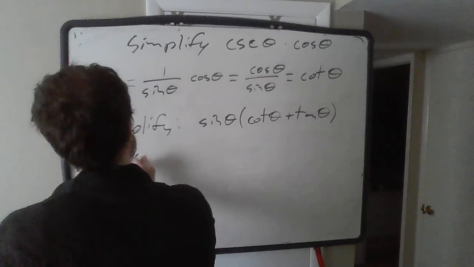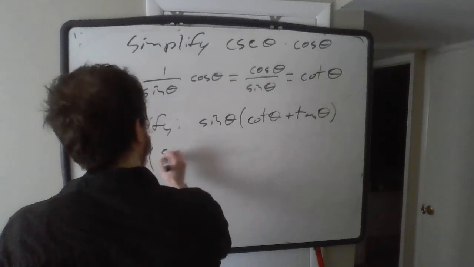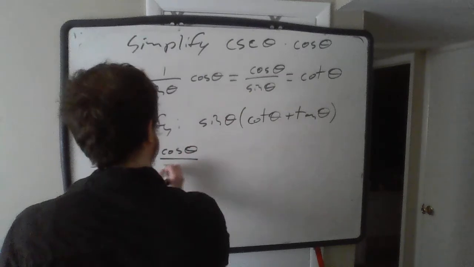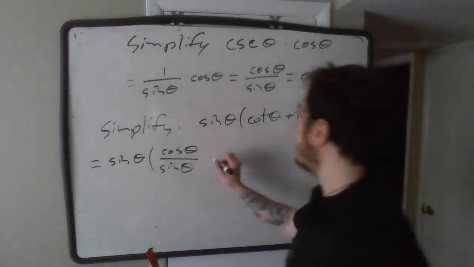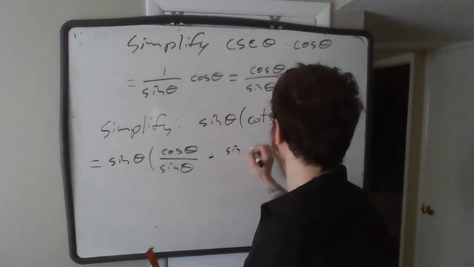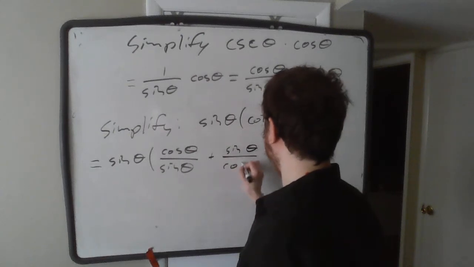sine theta times, now cotangent is cosine theta divided by sine theta, and tangent is sine theta divided by cosine theta.